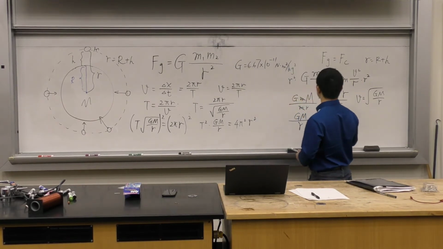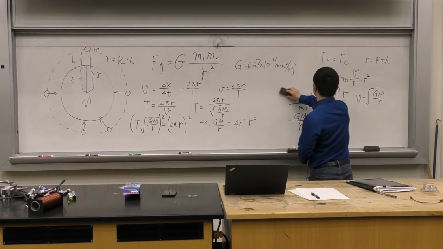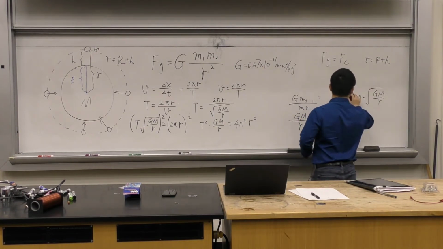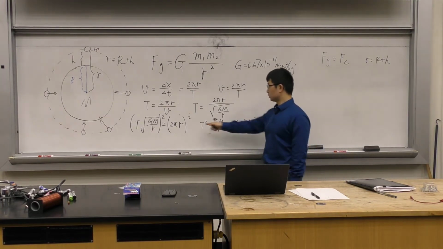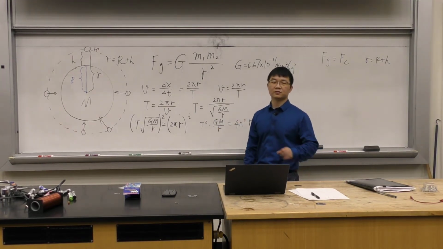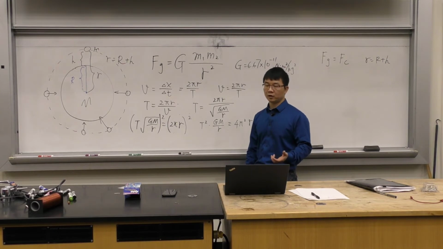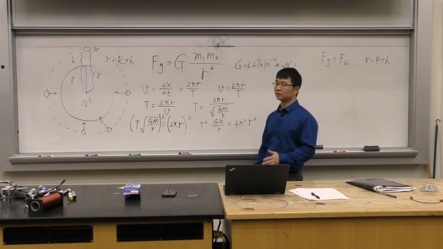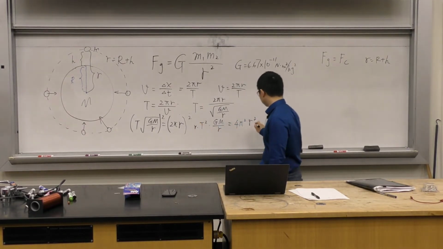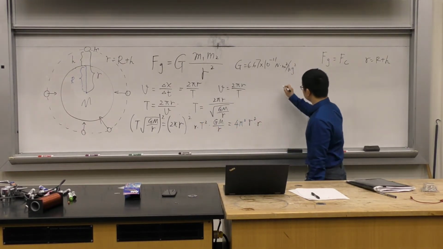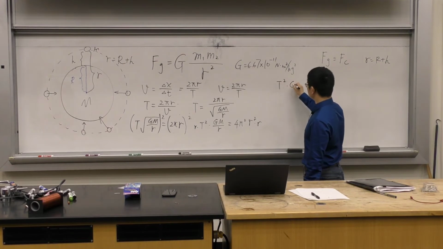So again, when I have denominators, I will be very careful. What I do is I'm just going to multiply both sides by the denominator first. Doesn't matter what I want to do next, because I don't like denominators. They're always confusing. So if you multiply both sides by r, you would get T squared times GM.